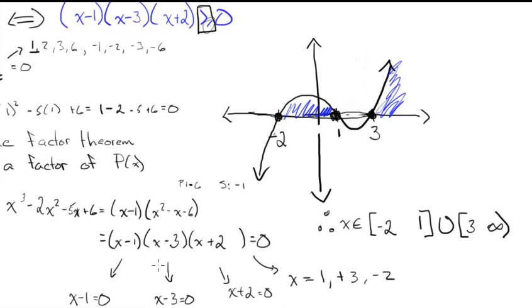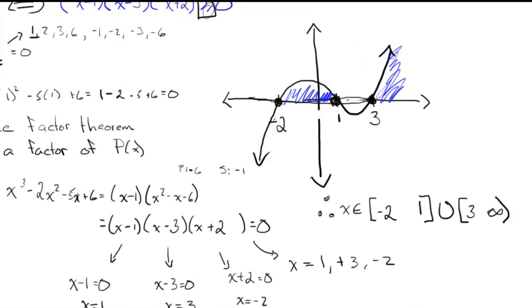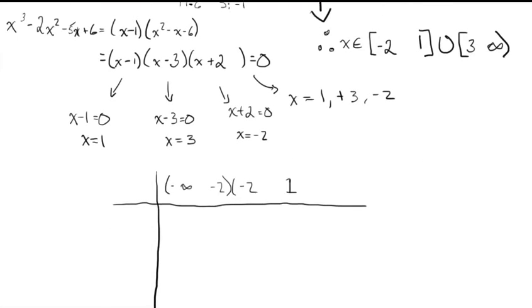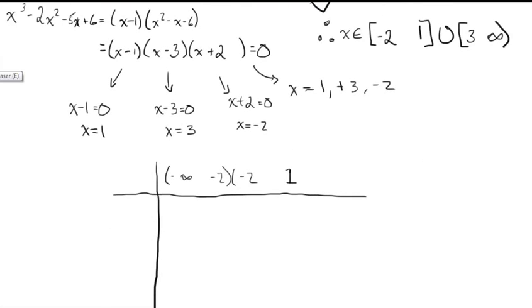So that's what happens. Make sure you get the x-intercepts right, otherwise you're going to get the wrong solution set. So going back to my chart, which I was going to do. So now I have to go from negative 2 to, oh, sorry, not to 3. To 1, I would have to go to.